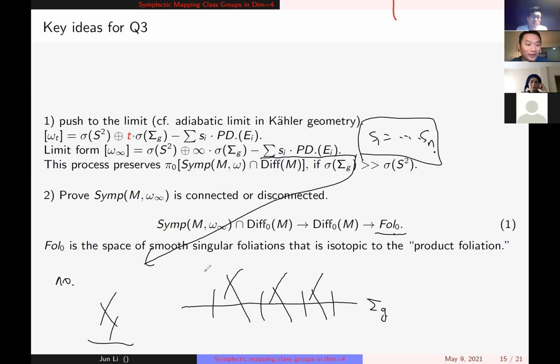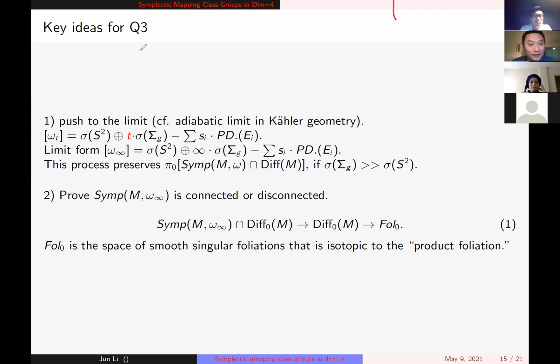And then because our step 1, the inflation process, preserves the pi zero, we are able to show that there exist non-trivial symplectic mapping classes for at least these symplectic forms. Okay, so that's a rough idea. All right, so those are the results that I plan to talk about.